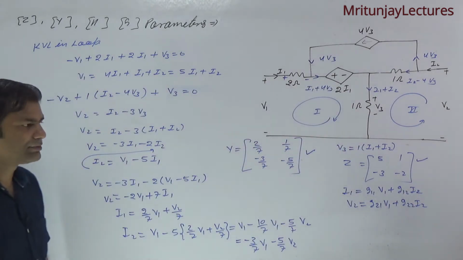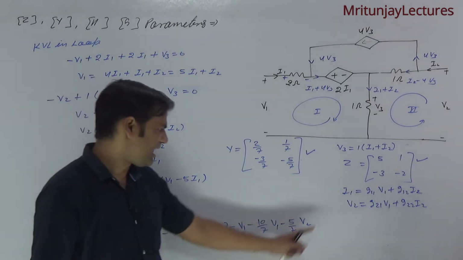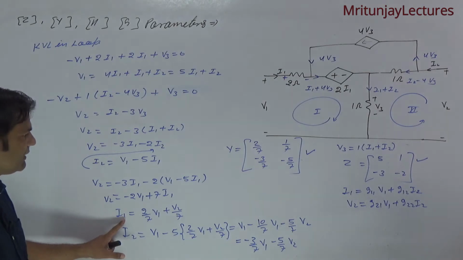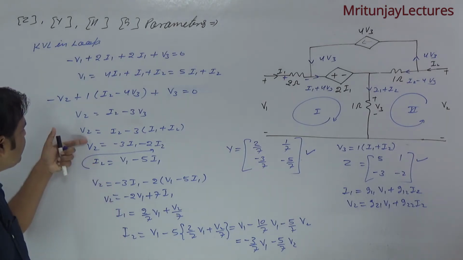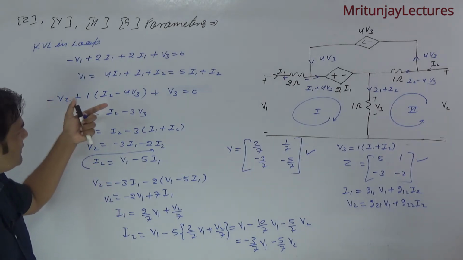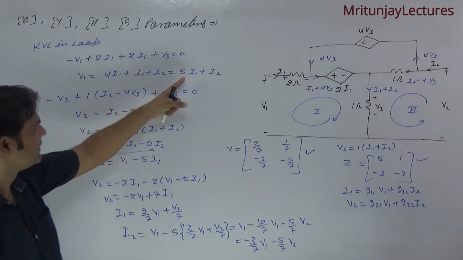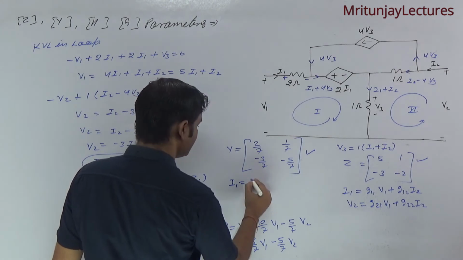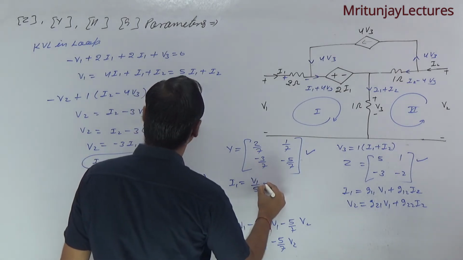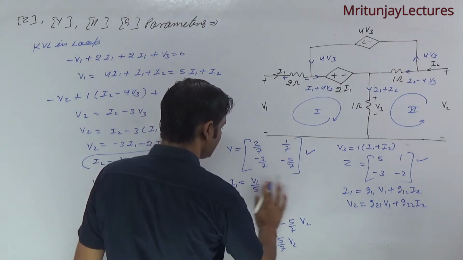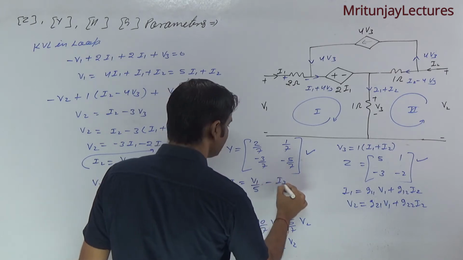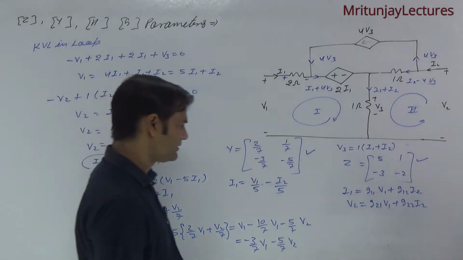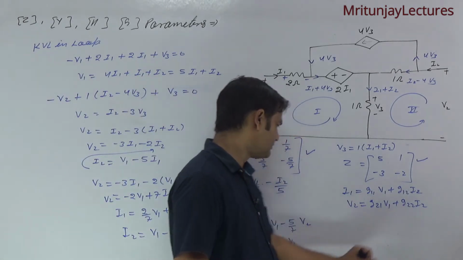So first of all, I1 in terms of V1 and I2. Here I1 will be equal to V1 by 5 plus minus I2 divided by 5. Very simple. Next target, V2 in terms of V1 and I2.